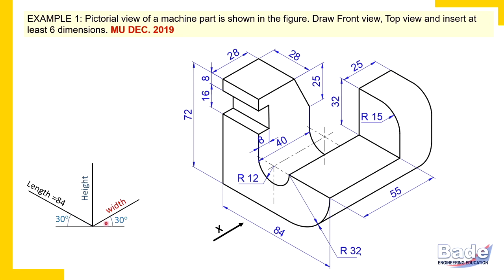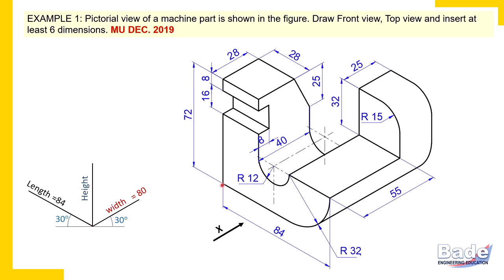Now parallel to width, check all dimensions from front to back. So 55 plus 25. That is 80. So width of the object is 80 millimeters. Now check the height of the object. Focus on all vertical dimensions.